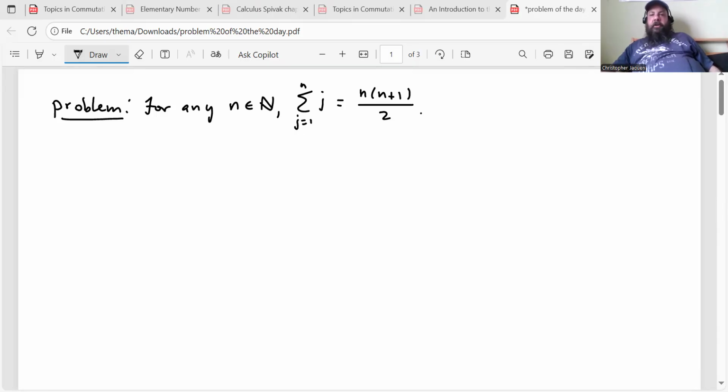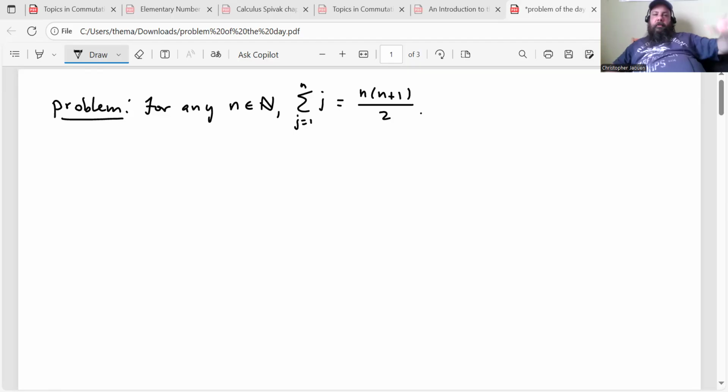When he was a young child in school, the teacher gave the class a problem to add the first 100 natural numbers together, as a sort of punishment, I guess, for misbehaving. And Gauss was able to do it immediately because he realized this formula was true. So you get 5050 when you sum up the first 100 integers.